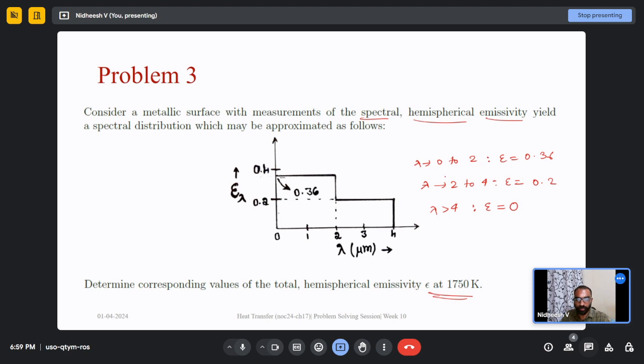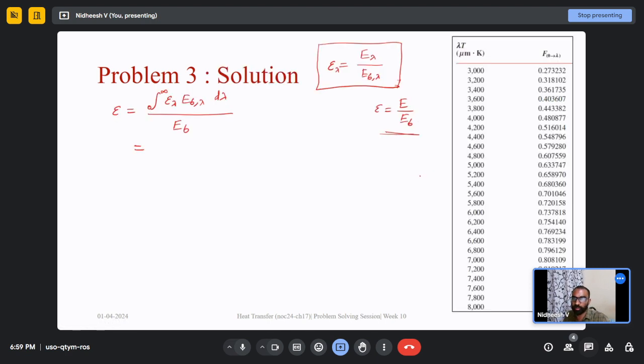Now we can rewrite this in integral form. We can plug these values into the integral that we wrote on this slide.